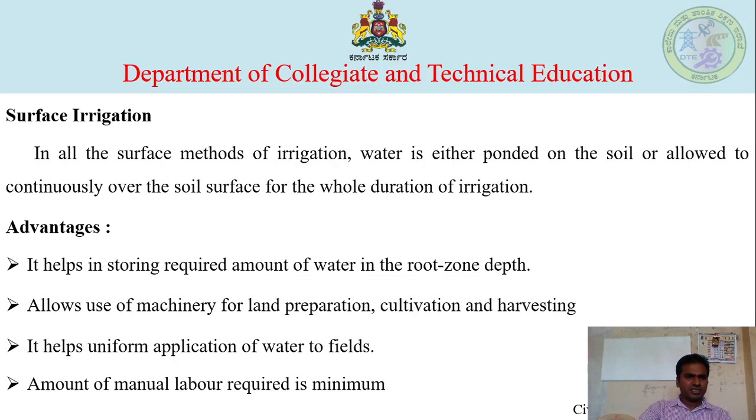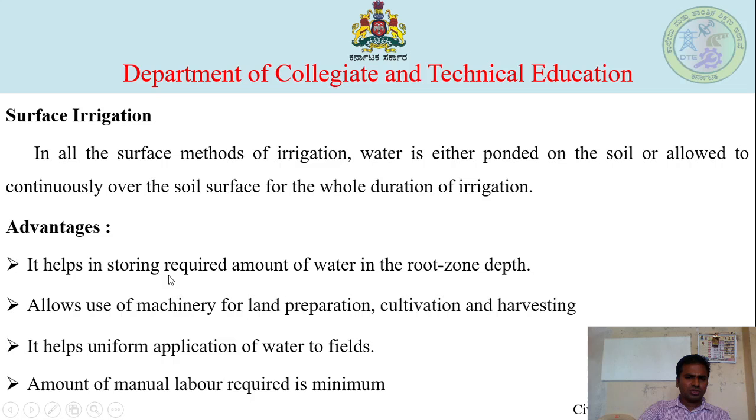Next, surface irrigation. In all the surface methods of irrigation, water is either ponded on the soil or allowed to flow over the soil continuously for the whole duration of the irrigation period. What are the advantages of surface irrigation?